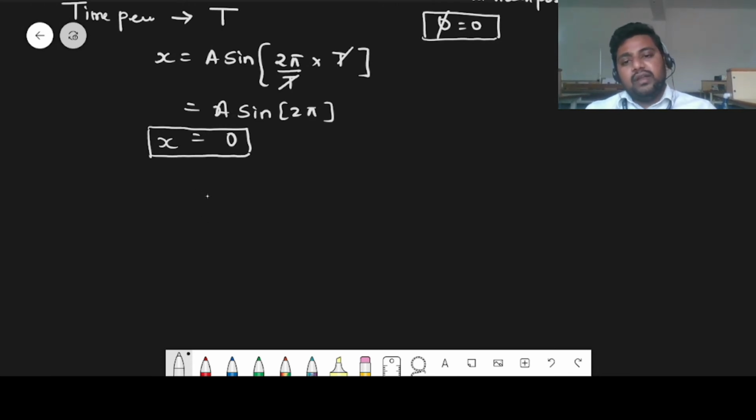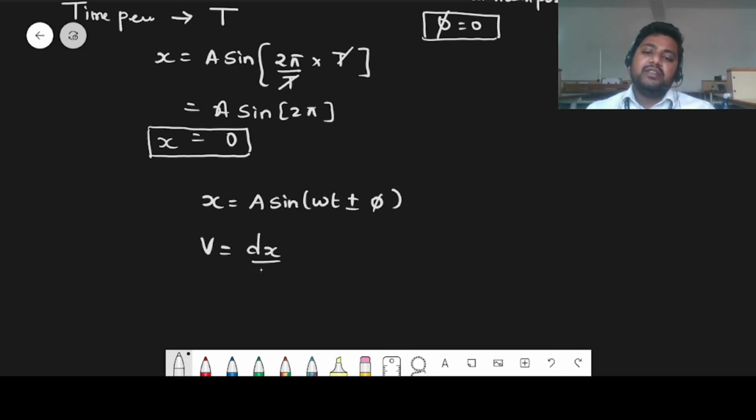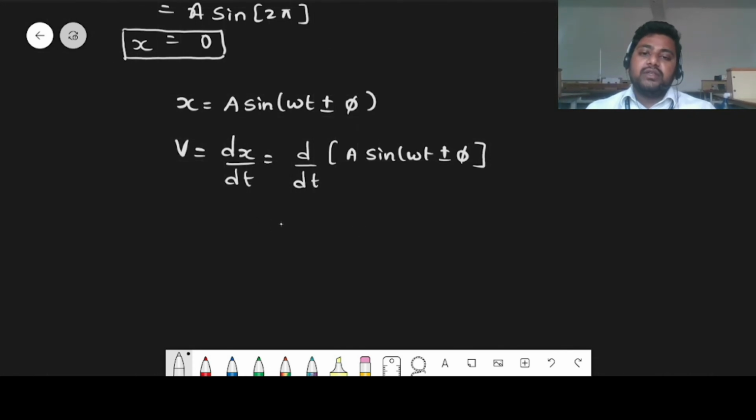So finally the equation of SHM can be written as a sine omega t plus or minus phi. If you are trying to find the velocity, velocity can be written as dx by dt. You can write it as d by dt of a sine omega t plus or minus phi. If you are differentiating this, since a is constant, I am bringing it outside.